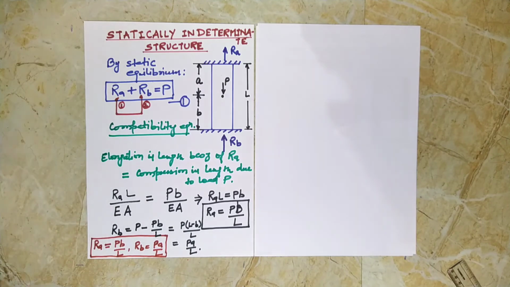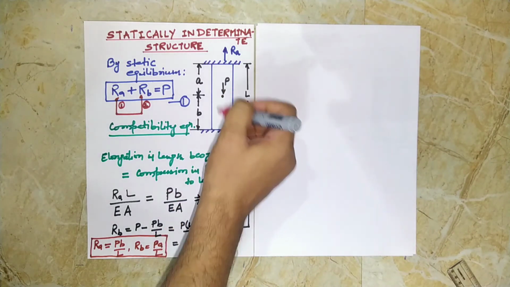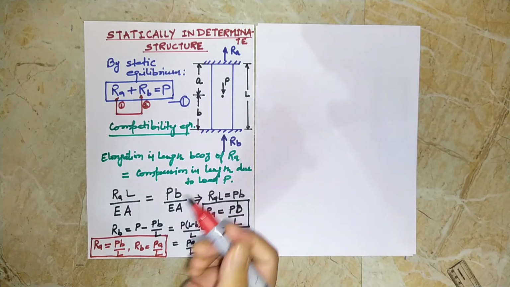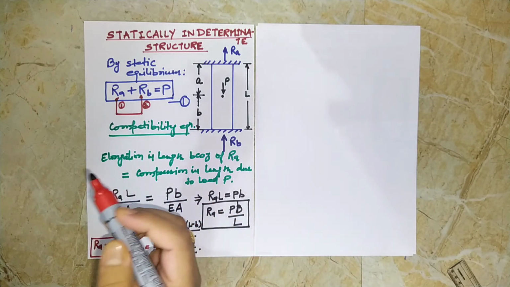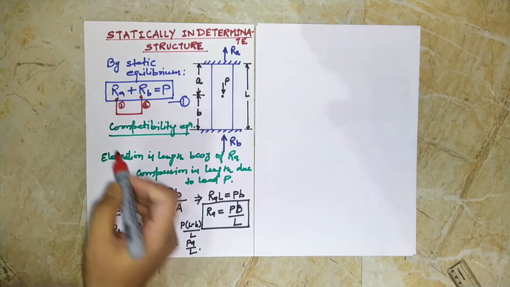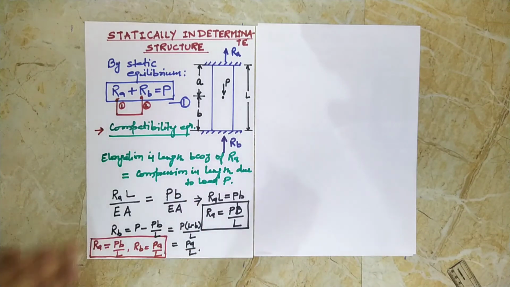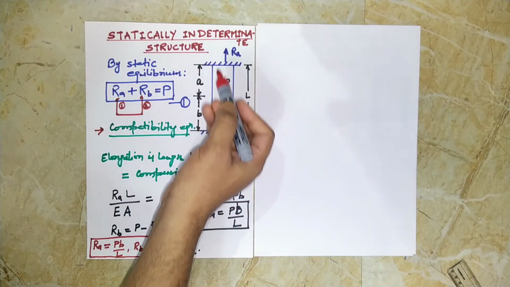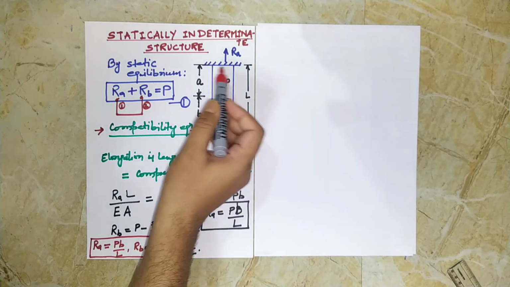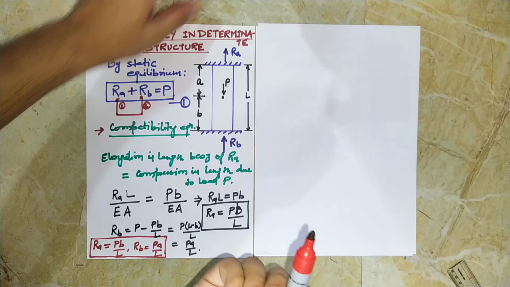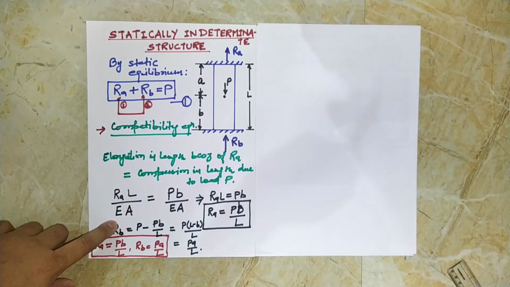Here we saw that this structure is statically indeterminate, in which the reactions cannot be found by just using the equation of static equilibrium, and we need to support it with a compatibility equation. Compatibility equation means that the net change in length due to the loads acting on it is 0. If we release this structure and apply the load RA, the change in length will be RA into L upon EA.